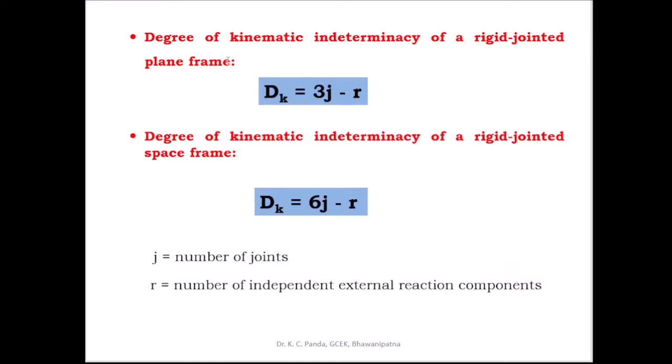So Dk is equal to 3j minus r. Similarly, for a rigid jointed space frame, Dk is equal to 6j minus r, where j is the number of joints and r is the number of independent external reaction components.